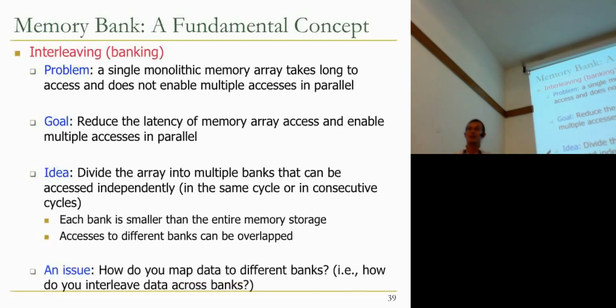An issue in this kind of system is how do you map data to different banks? Right? Ideally, if you're accessing multiple things together, you would like those data to be in different banks such that you can get the data quickly in parallel from those banks. But that may not always be the case. How you interleave data across the banks affects how much parallelism you get out of the memory system.